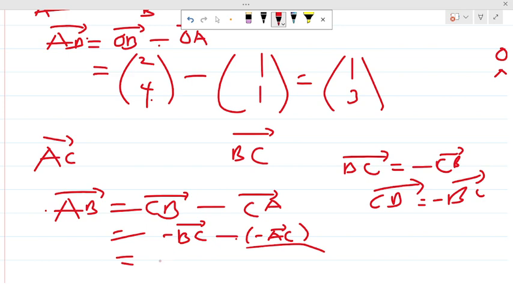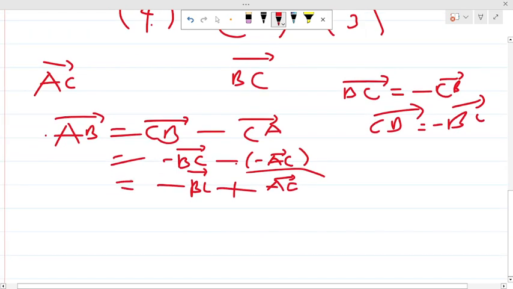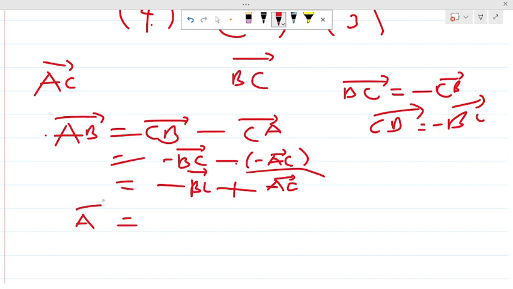So the final answer will be negative BC plus AC. So we end up getting the vector AB to be equal to AC minus BC.